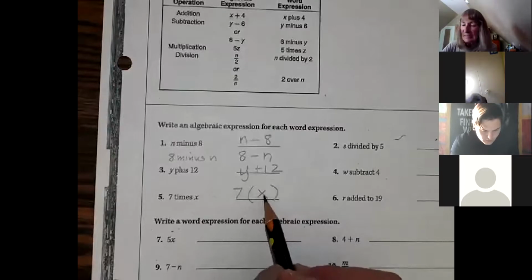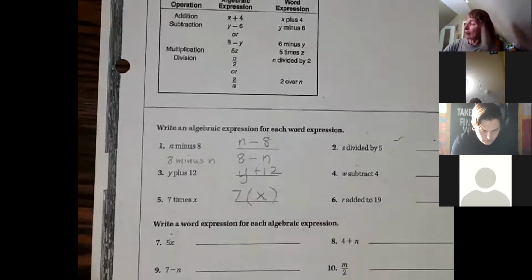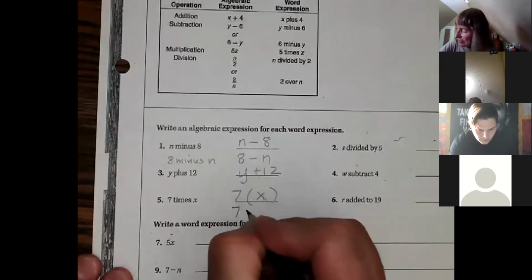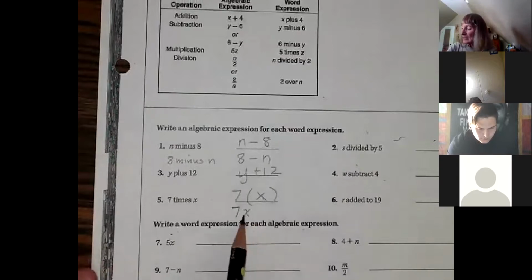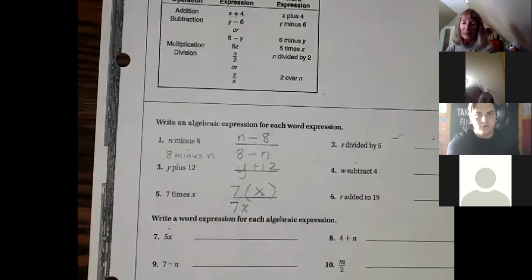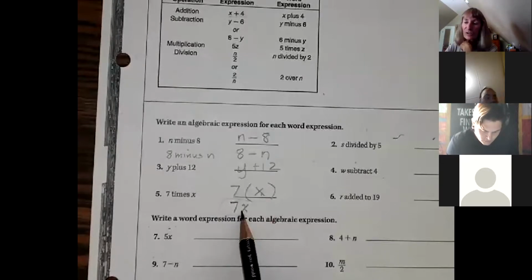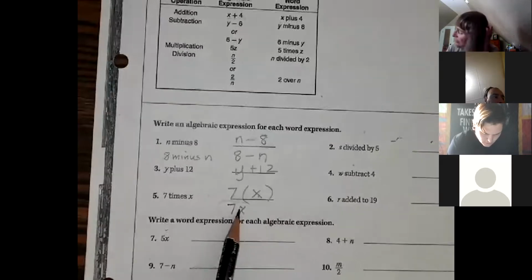If one of the things is a variable, we can write the same thing without the parentheses, and it would look just like this. So here is a 7 and a variable right next to each other. That means multiply. We just leave out the multiplication sign. We only do that for multiplication. We don't leave out the sign when we're doing addition, subtraction, or division.